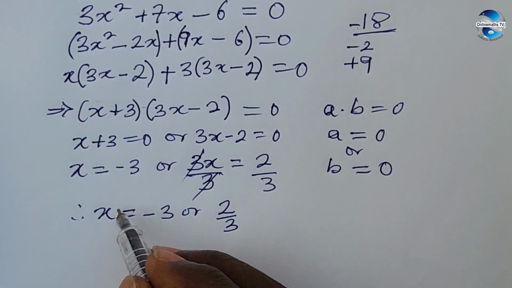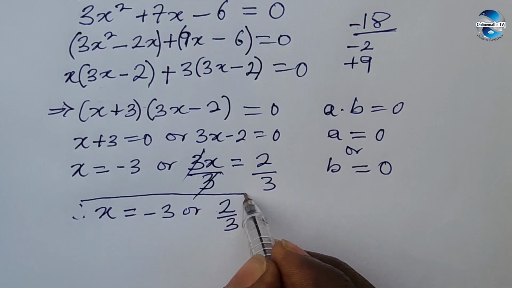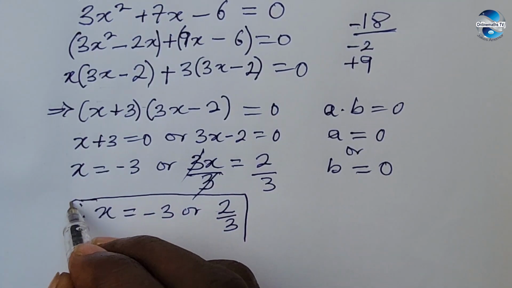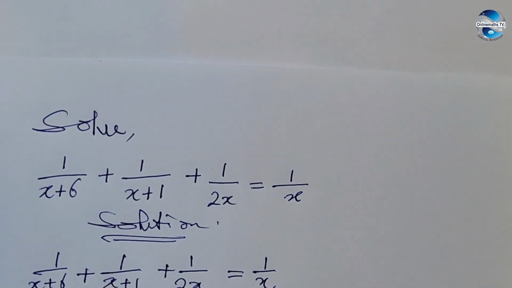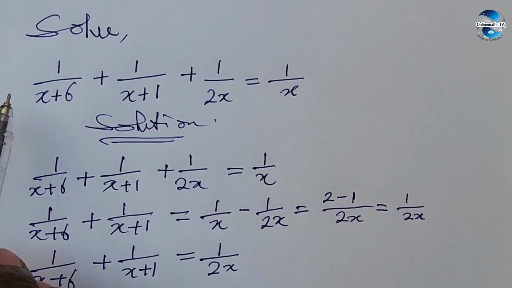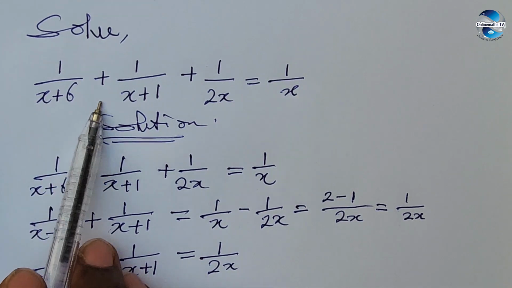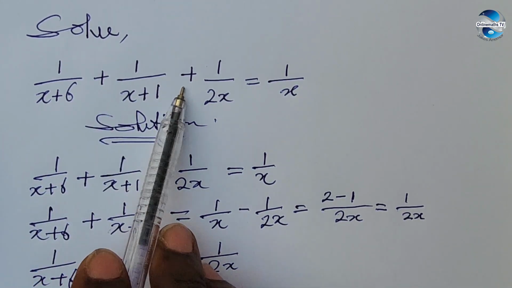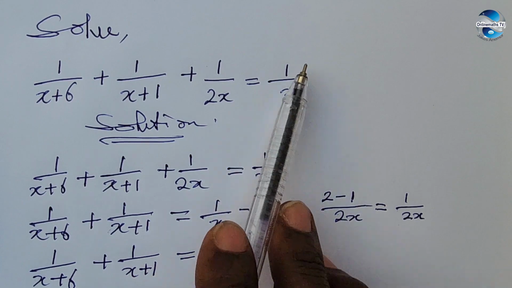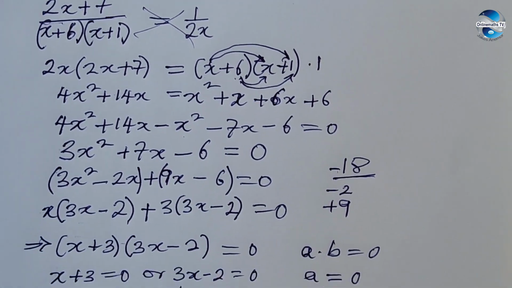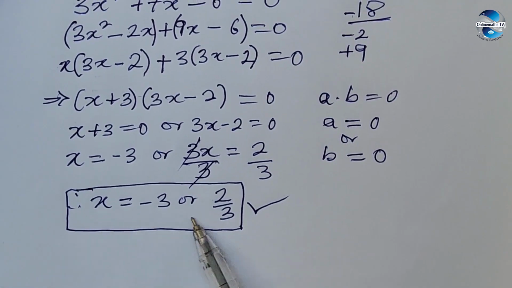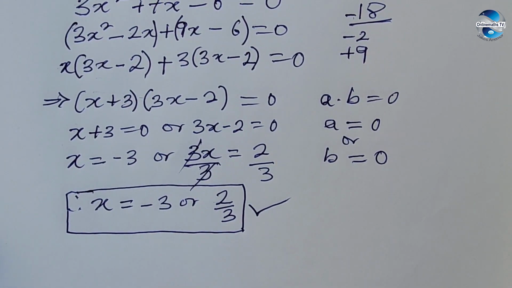If you substitute these two roots into the original equation, which is 1 all over x plus 6, plus 1 all over x plus 1, plus 1 all over 2x equal to 1 all over x, both roots will satisfy the equation.